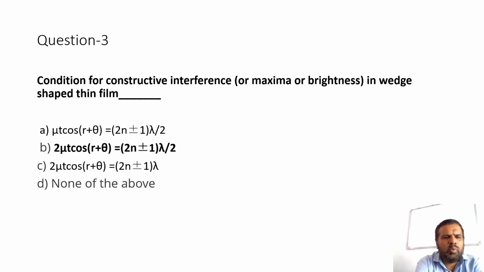Option C, 2 mu t cos of (r plus theta) is equal to (2n plus or minus 1) into lambda. Option D, none of the above. The correct option is option B, 2 mu t cos of (r plus theta) is equal to (2n plus or minus 1) into lambda divided by 2.